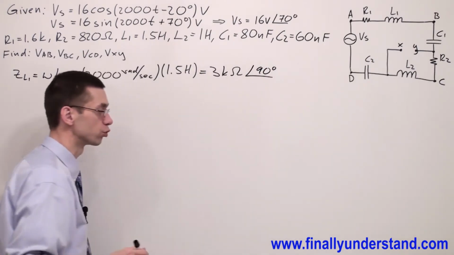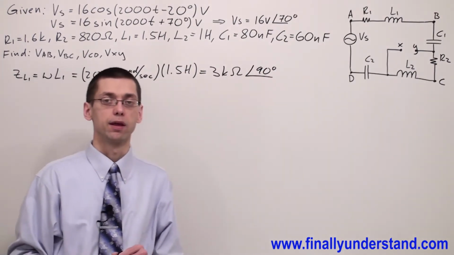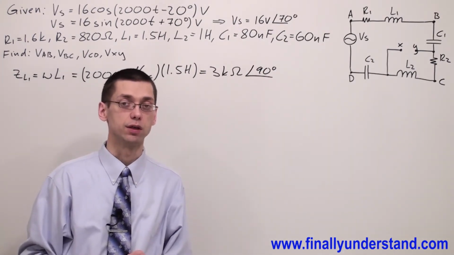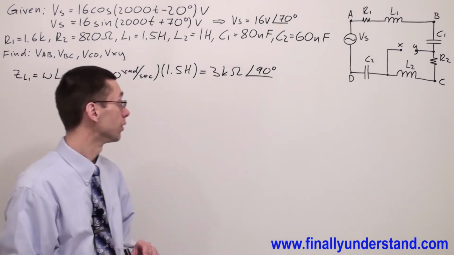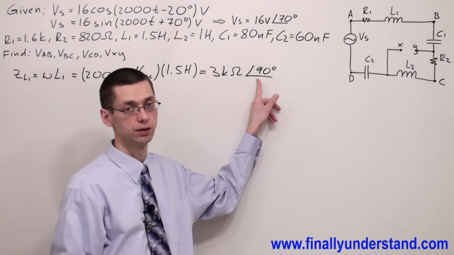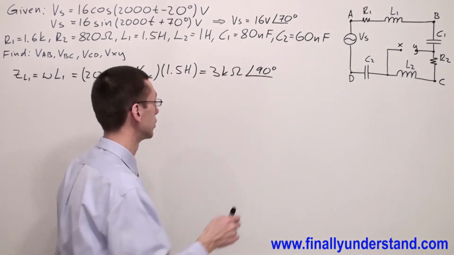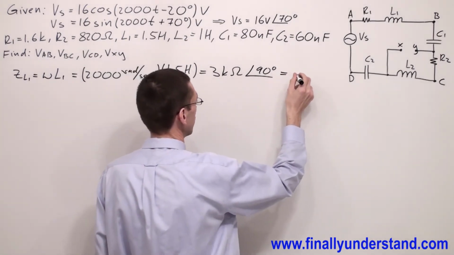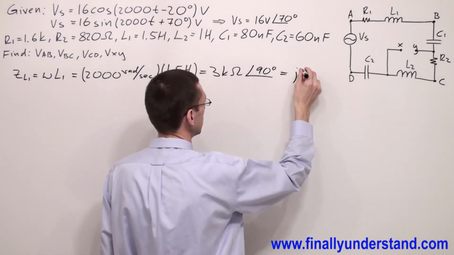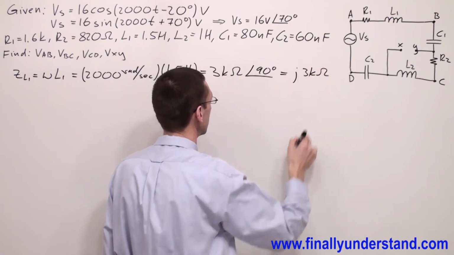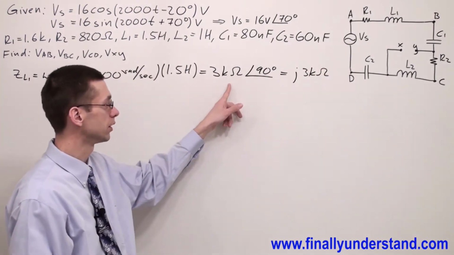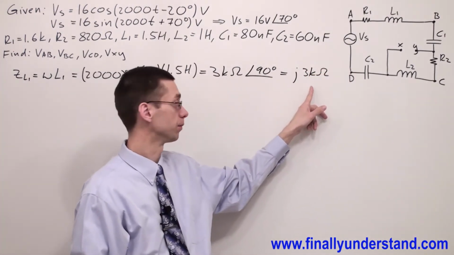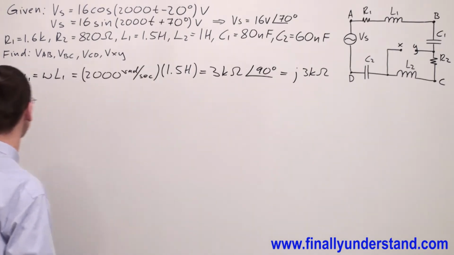Remember that you're supposed to always express impedance of the inductor with angle of 90 degrees. Or we can say this is equivalent to J 3 kilo ohms, where this is the polar form and this is the rectangular form. Both forms are correct.